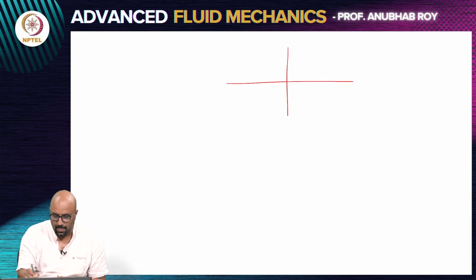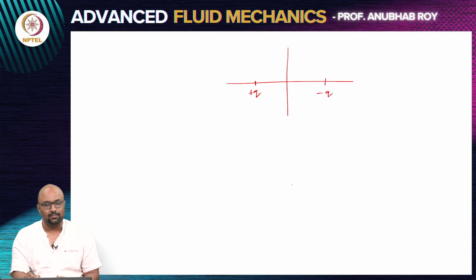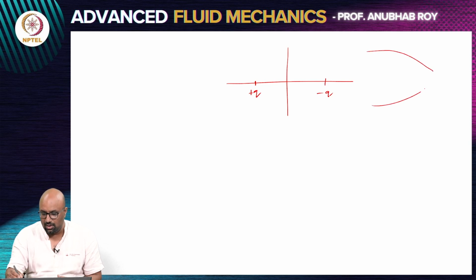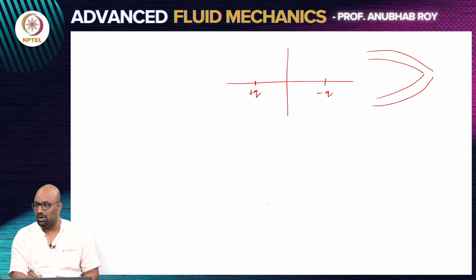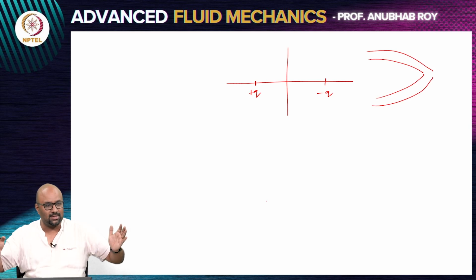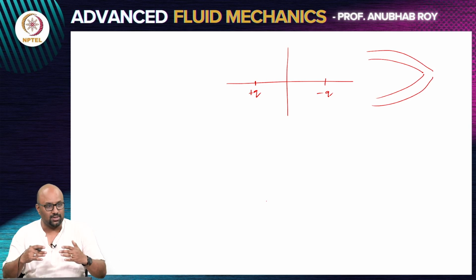Now, if you think that there was a source here and you have a sink. Now, if you did not have a source, then the sink would actually bring all the streamlines towards itself. That is what would happen. The source is going to spread out the streamlines, the sink is going to bring them closer.